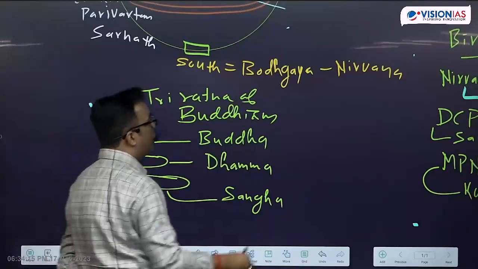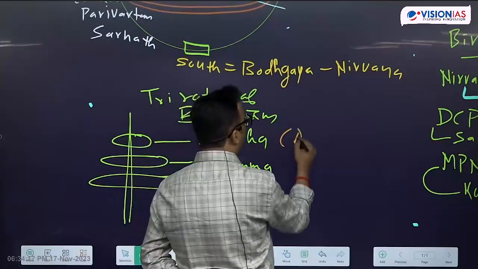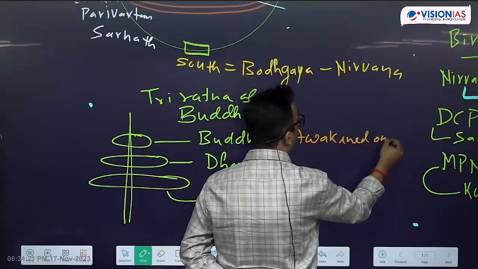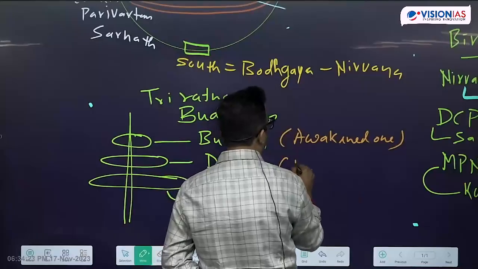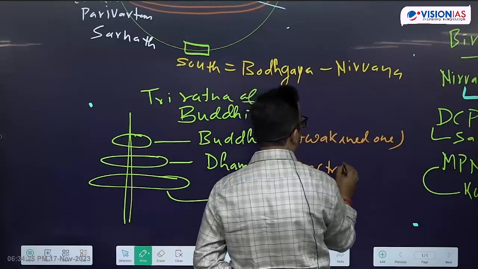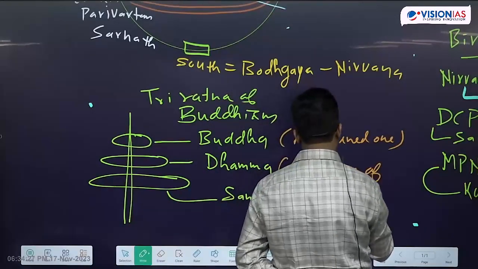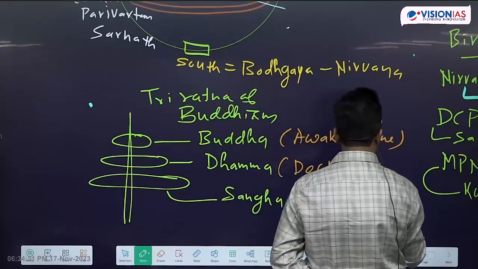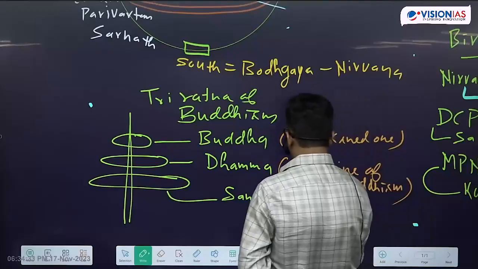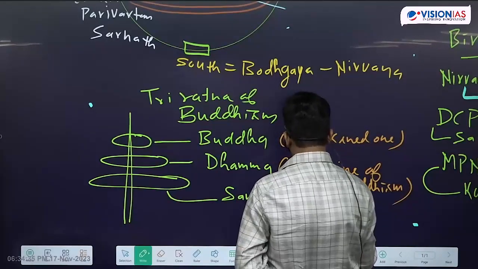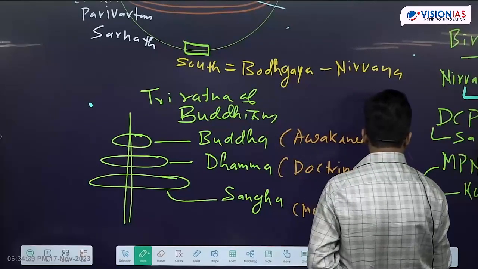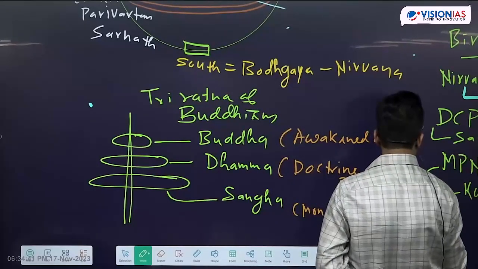Then the meaning of the word Buddha is awakened one. Dhamma, doctrine of Buddhism. And Sangha is the monastic order of Buddhism.